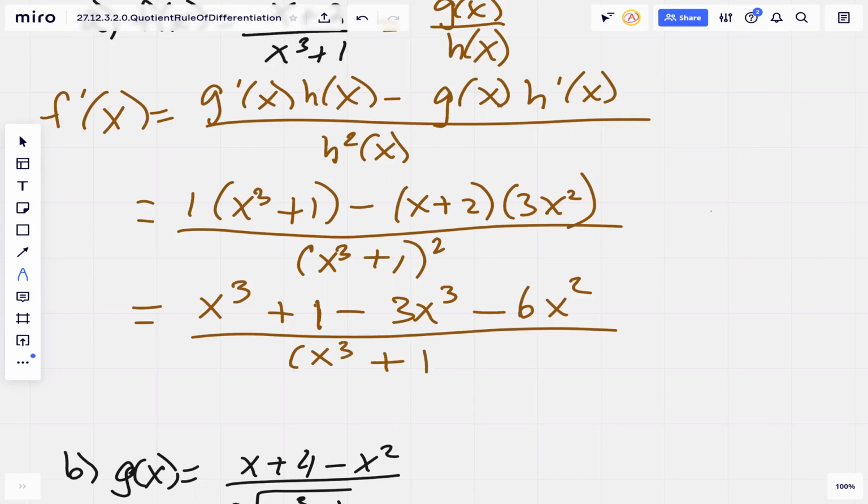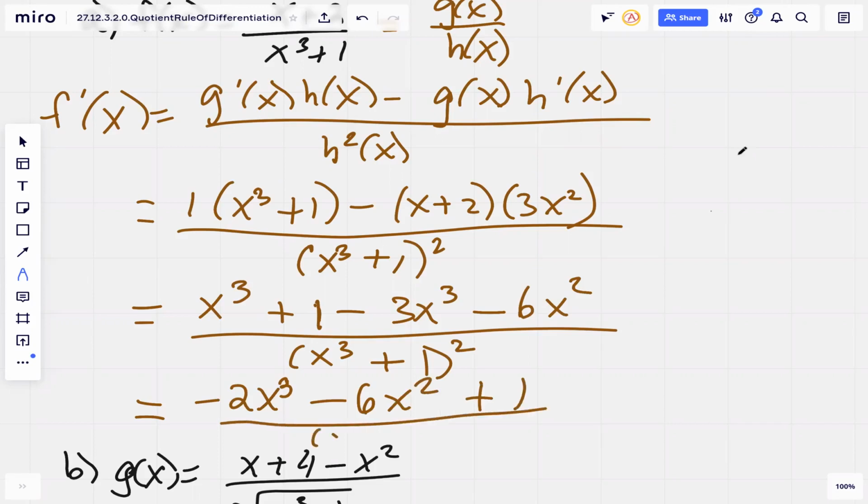Now, I wouldn't advise expanding out the denominator unless you see that you can factor something out, but in this case, just leave it as is. I think it's wisest. So now we have negative 2x cubed minus 6x squared plus 1 in the numerator, all over x cubed plus 1, all squared. Great.